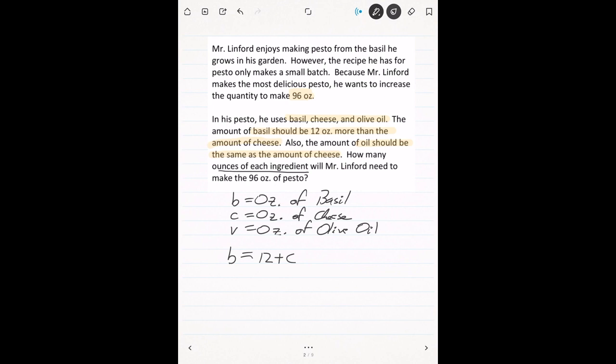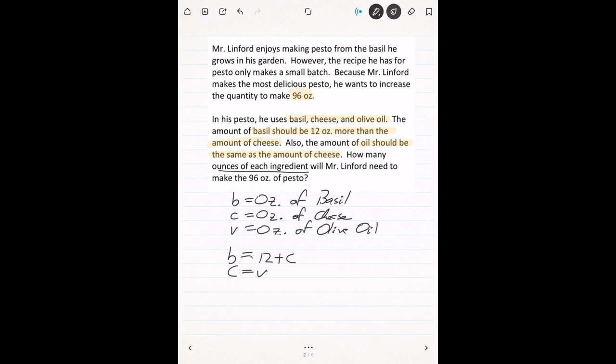We have to find two more. Well, if we look right here, we see another relationship, this time between oil and cheese. Oil is the same amount as the amount of cheese. So for our variables, we have C is equal to V. C and V are both the same thing.